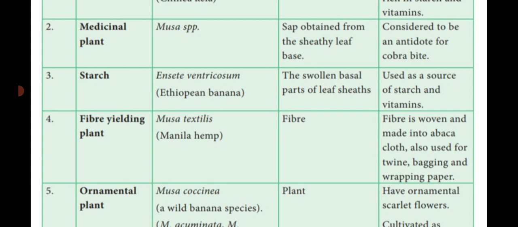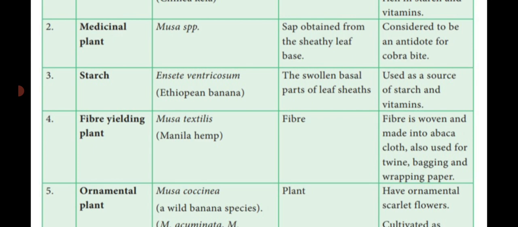So if a cobra bites, we can take the sap from the base of the leaf and apply it to the place to prevent the poisonous substance of the cobra bite. Next one, starch: Ensete ventricosum, Ethiopian banana, a swollen basal part of the leaf sheath, used as a source of starch and vitamin.